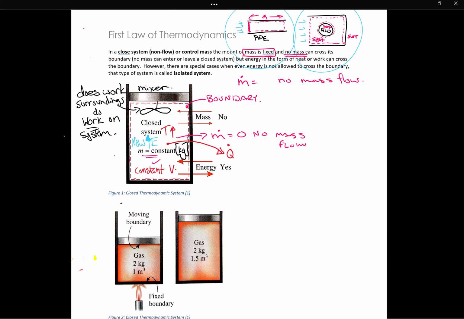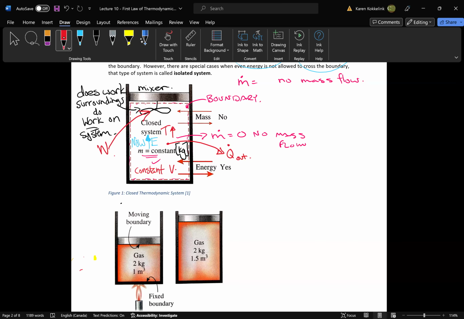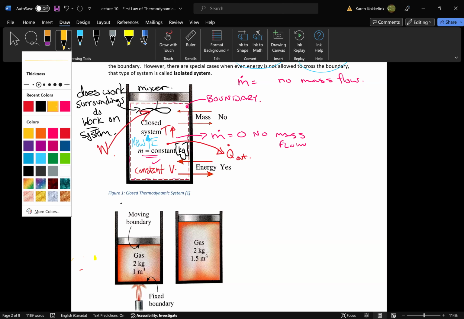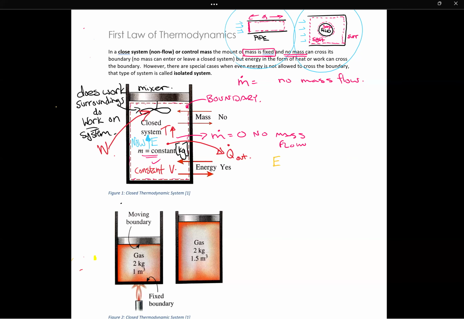Q dot leaving. So I added work. This is actually called work in. I put work in and energy came out. So if I were to do my first law energy balance on this simple system, I would say energy in equals energy out, or energy in minus energy out is always equal to 0, because energy can't be created or destroyed.